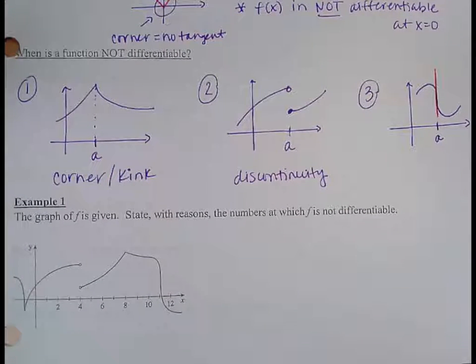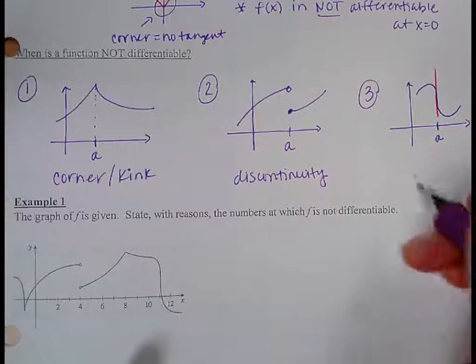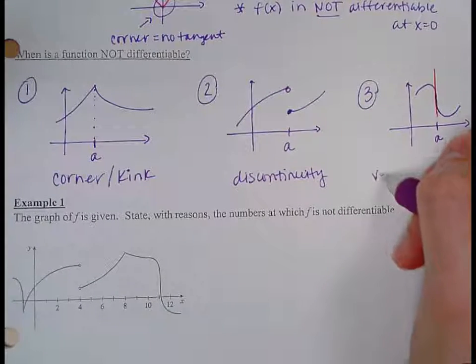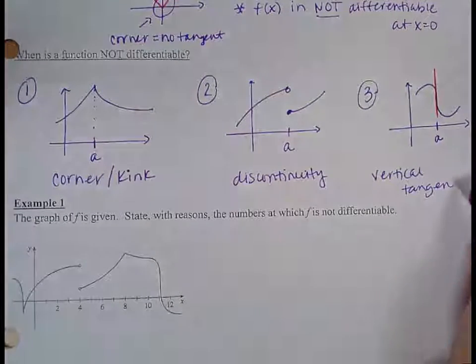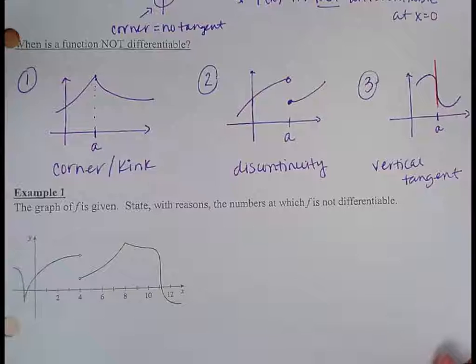And vertical lines don't have a slope, or the slope is undefined, and therefore the derivative would be undefined, or there would be no derivative. So if there's a vertical tangent, it is not differentiable at that value.